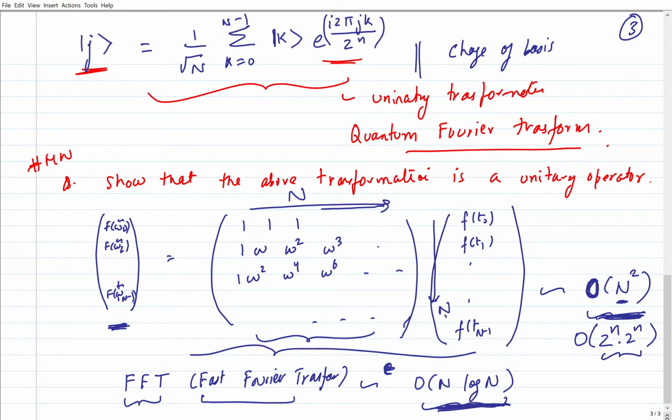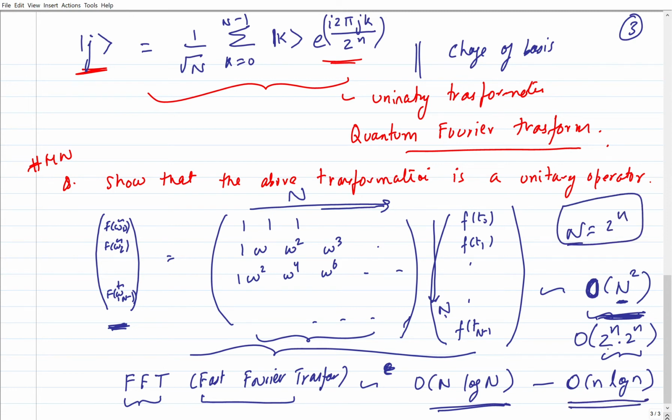And this would be, in the same lingo, n log n, because n was 2 to the power of n, remember. So this is the complexity of this algorithm, and as you can see, this is exponentially faster than a naive multiplication of matrices.